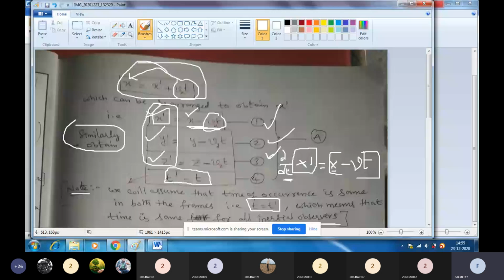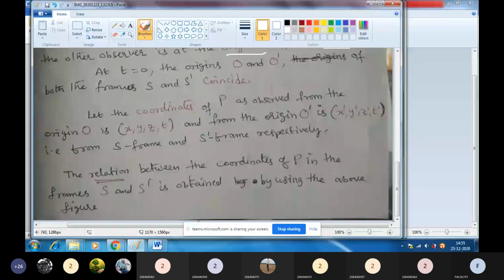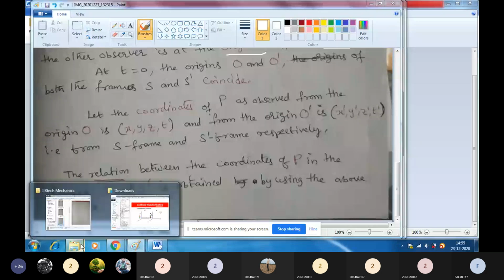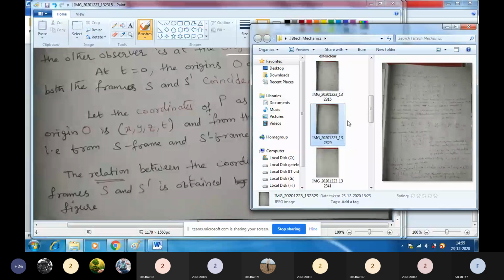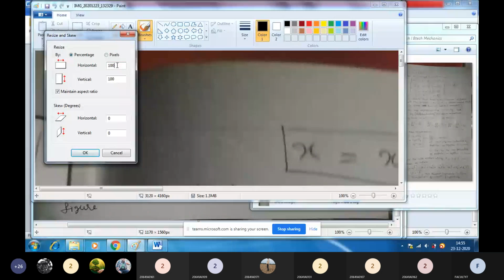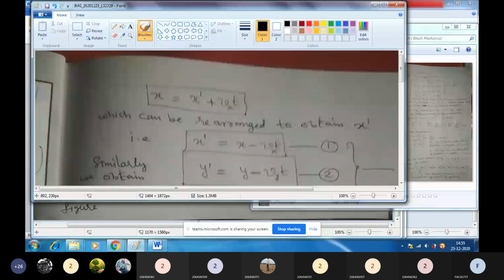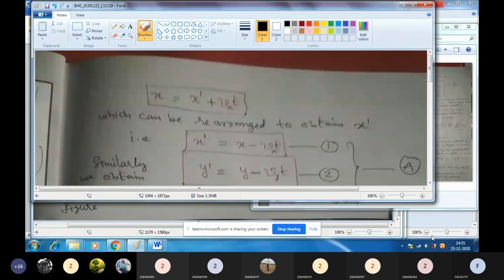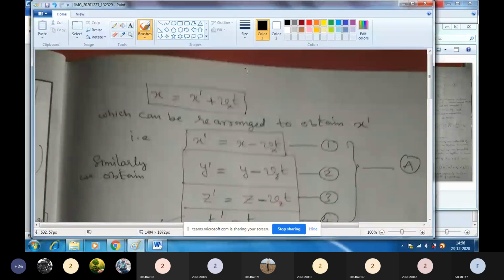Let me check once. I will reopen this. Okay, so now here this was the thing we got from the geometry using the previous diagram.